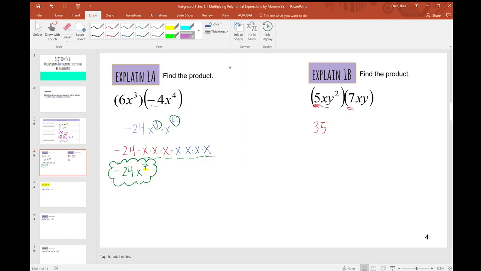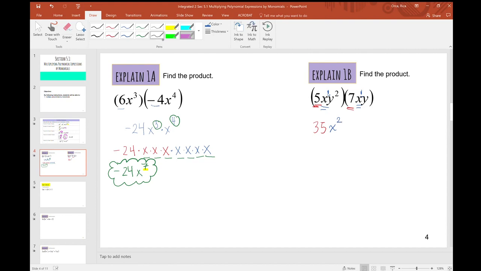We also have x times x. Remember, because they don't have exponents, go ahead and write the exponents in. Both of the x's have an exponent of 1. So x to the first times x to the first, well, if we add 1 plus 1, we end up with 2.